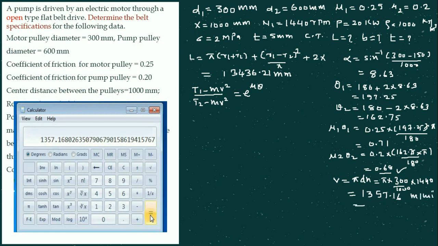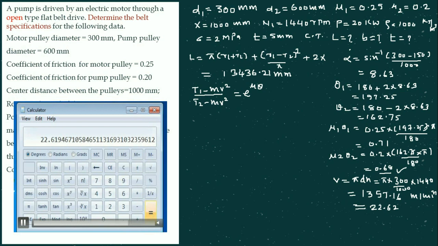This is in terms of meter per minute. If you divide it by 60, you will get meter per second, which comes out to be 22.62. So this is the value.